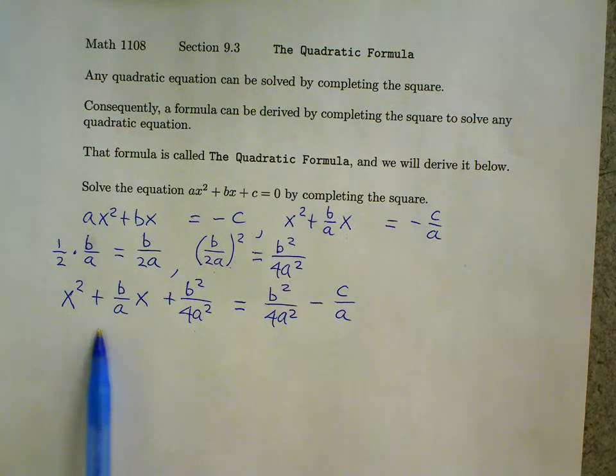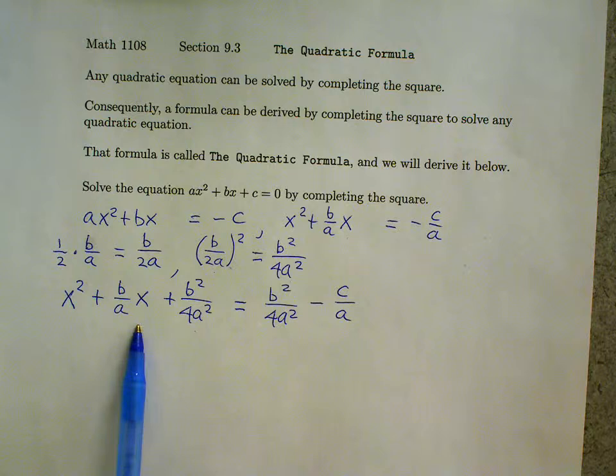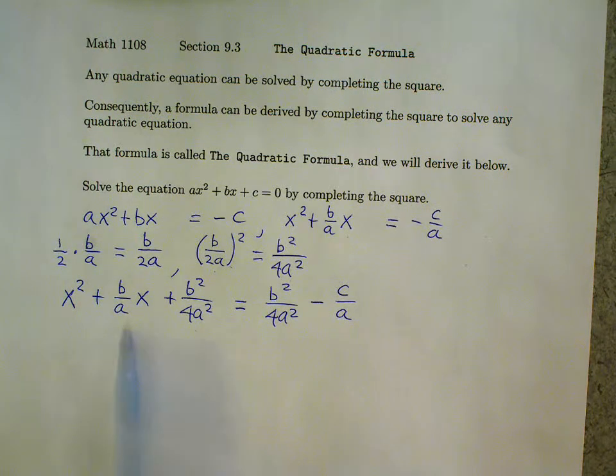The left-hand side is now a perfect square trinomial, and the right-hand side, we're going to find a common denominator and write b squared over 4a squared minus c over a as a single rational expression with a common denominator.